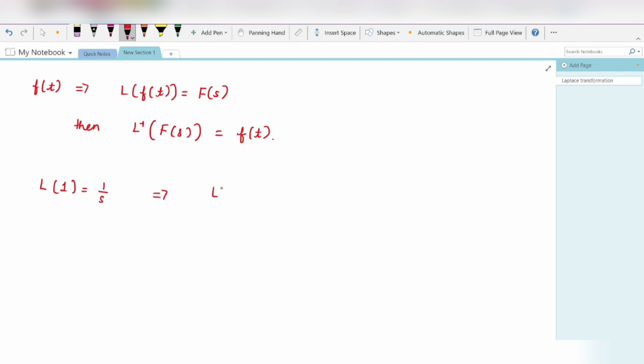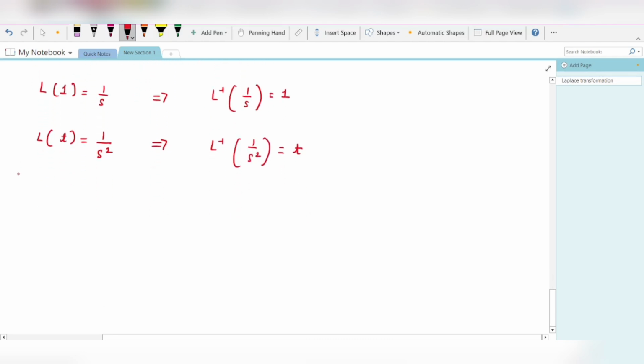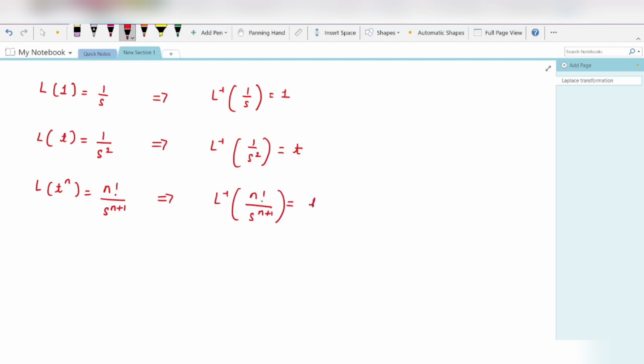So from this I can say that the Laplace inverse of 1 by s is 1. We found that the Laplace transformation of t is 1 by s square, so I can say that the Laplace inverse of 1 by s square is t. And in general, we noted that the Laplace transformation of t raised to n is n factorial by s raised to n plus 1. So this gives us that the Laplace inverse of n factorial by s raised to n plus 1 is t raised to n.